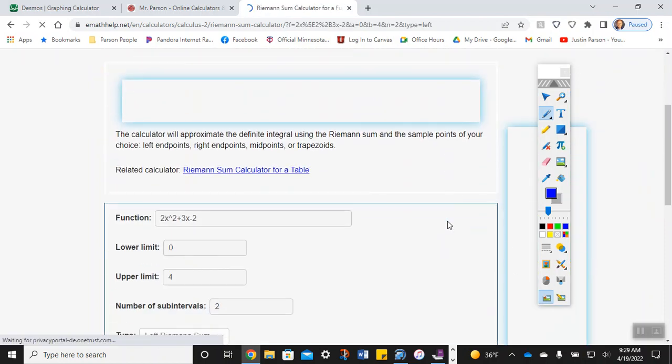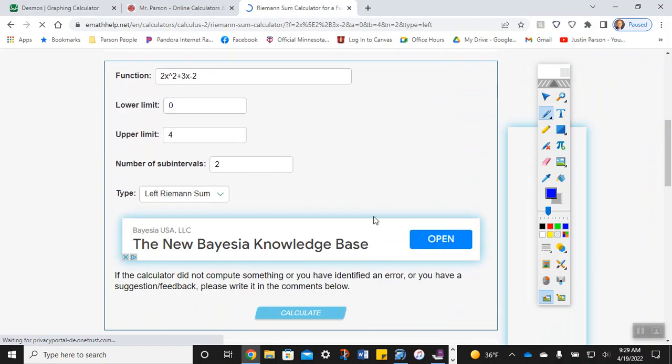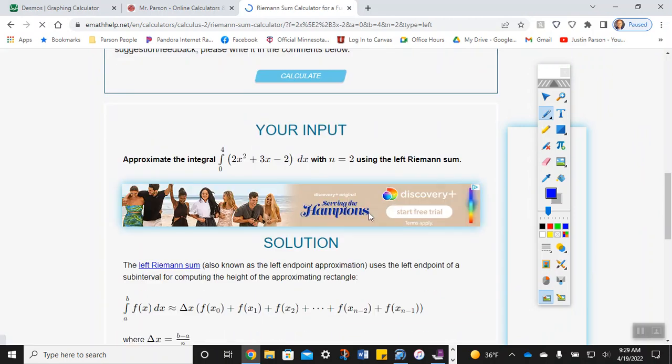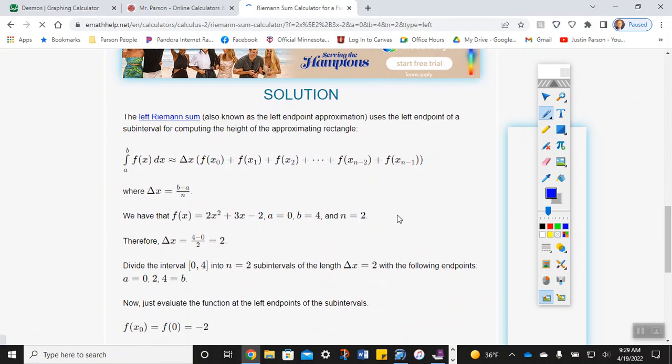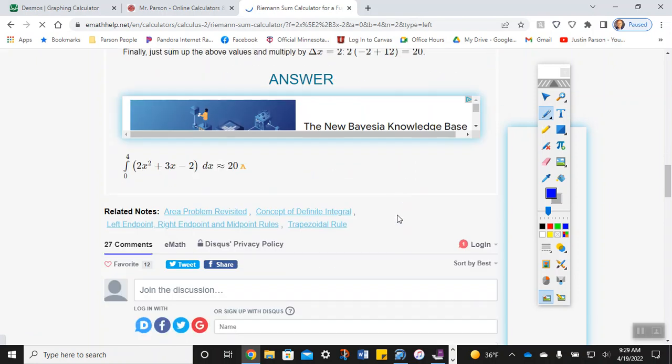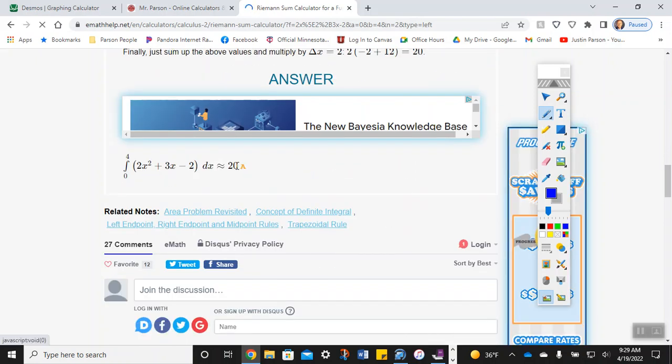And what do they give me for an answer right down here? 20. I've got to double check and make sure that's right. So I would have been at 0 and 2. So 0 would have been negative 2. 2 would have been 8 plus 6 is 14, minus 2 is 12.